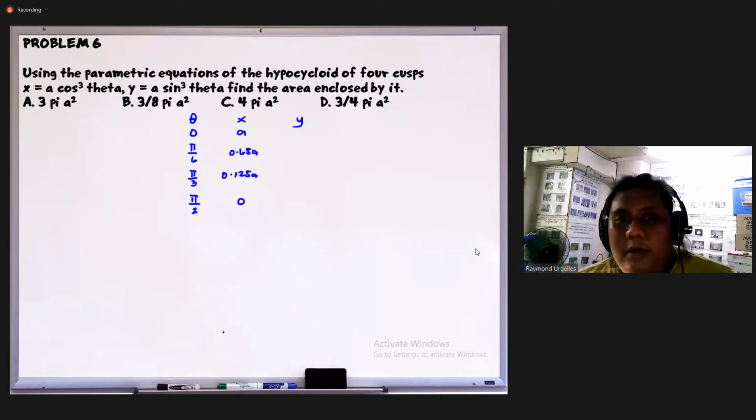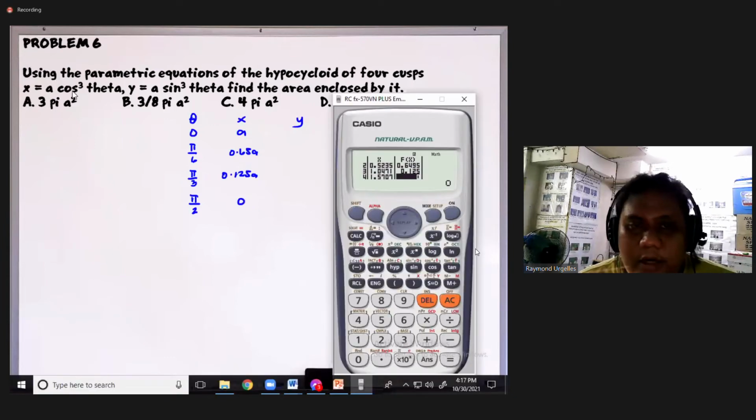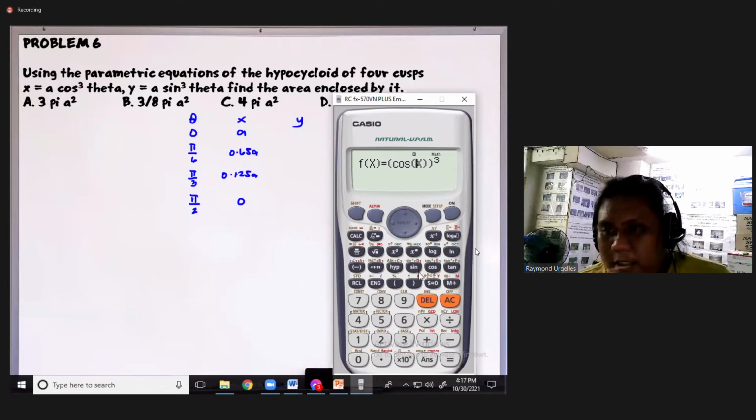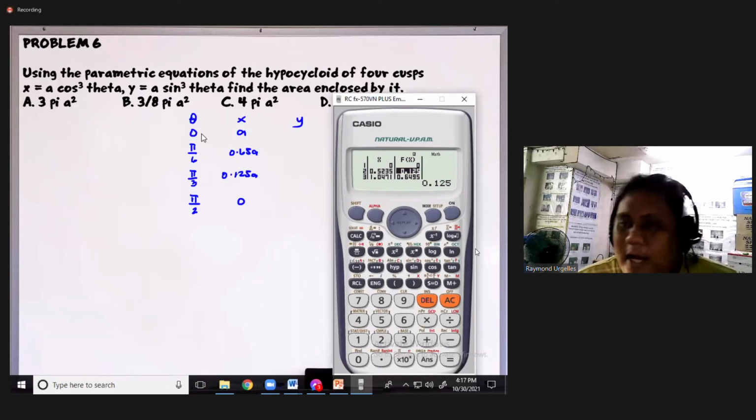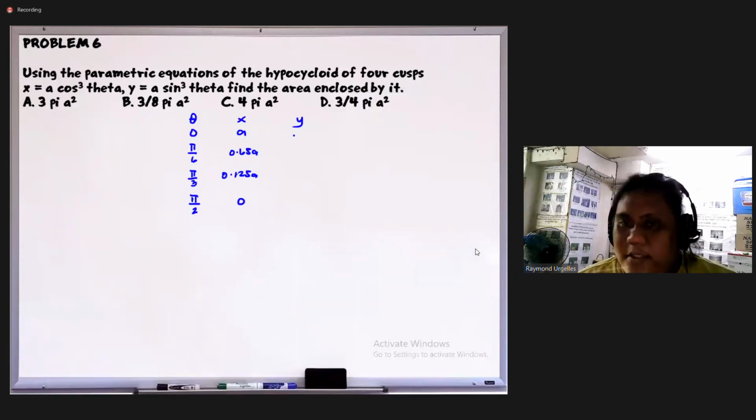Sa y-coordinate naman natin, instead na cosine, nagiging sine. Diba? So palitan lang natin to ng sine. Tapos ganun pa rin, start is 0, ang end natin is pi over 2, tapos ang step natin is pi over 6. Okay? So then we get this one. Pag theta is 0, y natin is 0.